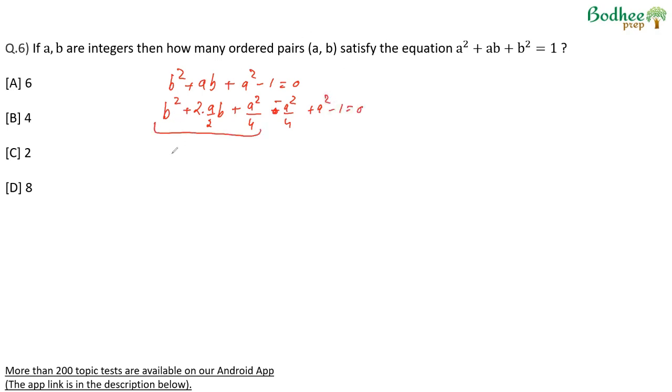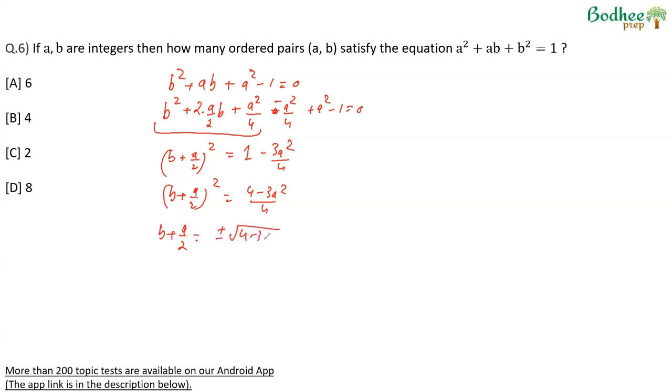This becomes (b plus a by 2) whole squared equal to 1 minus 3a squared by 4. Taking the root, b plus a by 2 is equal to plus minus root of 1 minus 3a squared by 4.